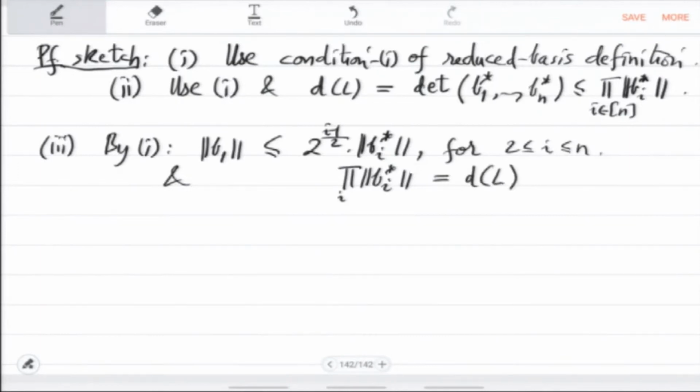Yeah, that is true because the bi stars are orthogonal. So I should have made this an equality actually, which is also the volume of the lattice.